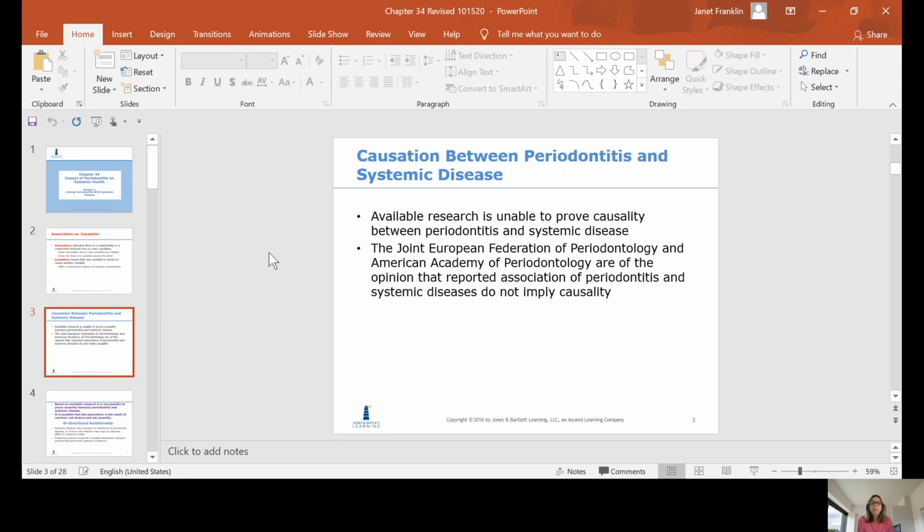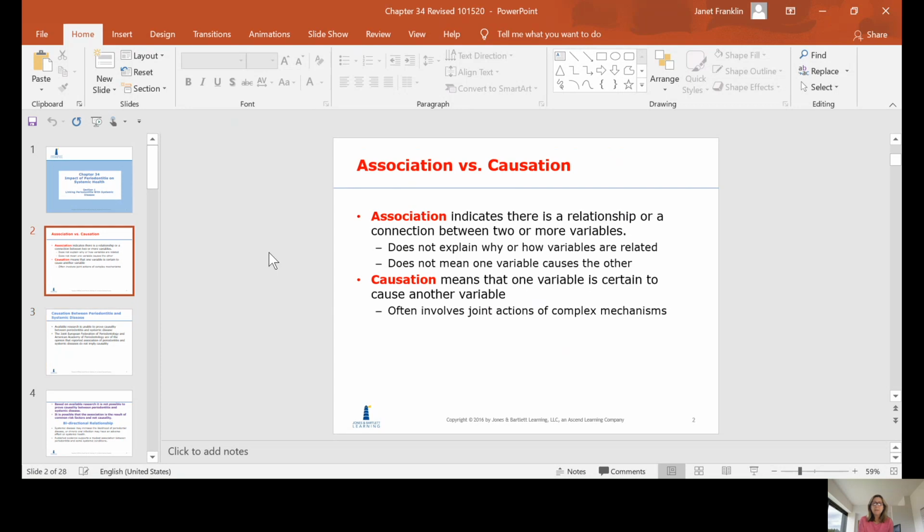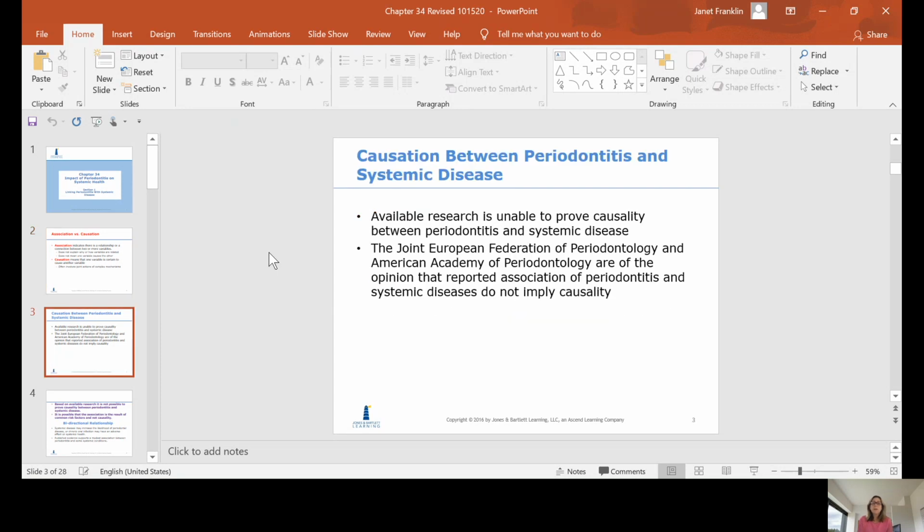So, causation between periodontitis and systemic disease. We're going to talk about causation, which again, as we described, means that one variable is certain to cause another. Available research is unable to prove causality between periodontitis and systemic diseases.